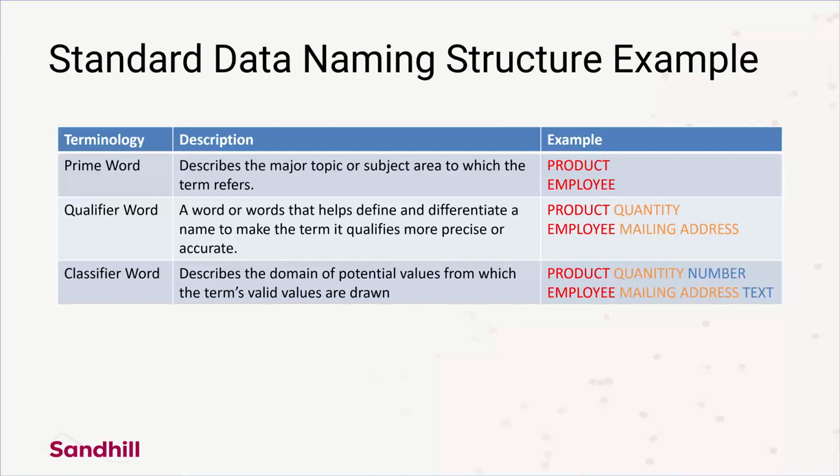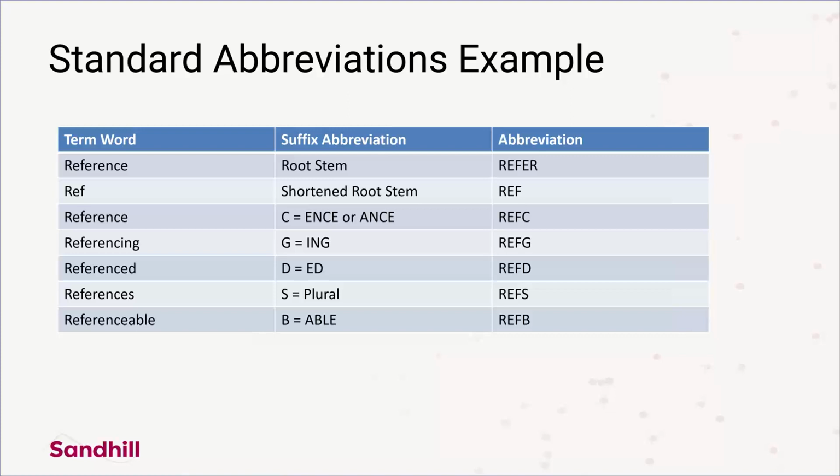But this is on the business side. How about the technology side? So let's take a look at abbreviating things. There are some standard ways that you can approach abbreviating, and this is one where a lot of people just have inconsistent abbreviations. Like let's take the word customer. In one data model, it's abbreviated CUS. In another one, it's CUST.